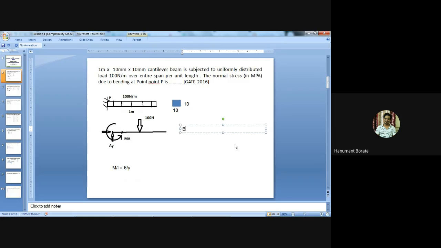Bending moment just left of A is 0. You need not write that actually, so I will write directly just right of A.